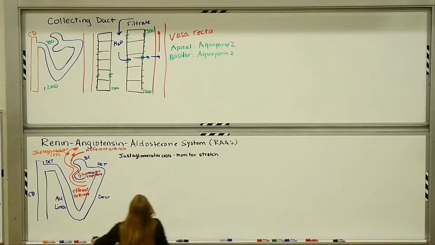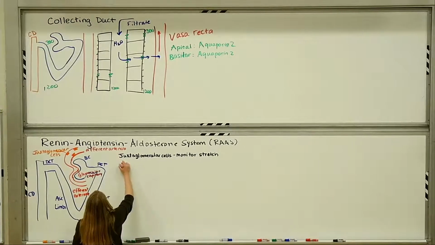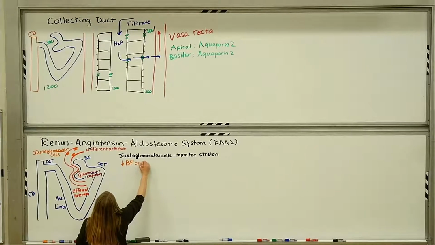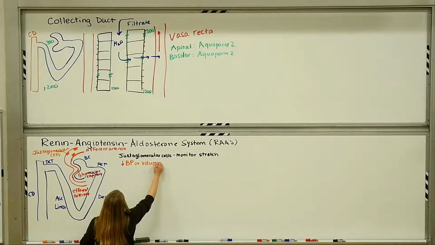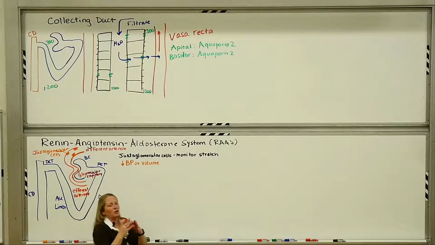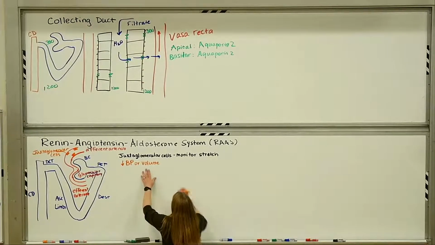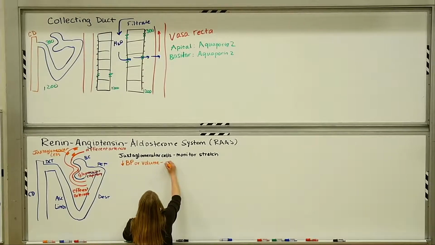So, a decrease in blood pressure, which you can also read as volume, because the volume of the blood is what's going to help you put more pressure on that wall, causes the release of renin.